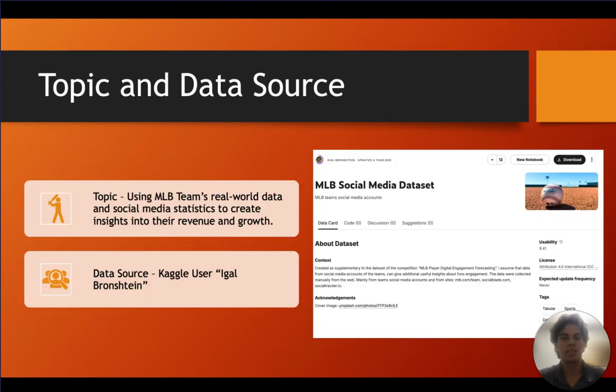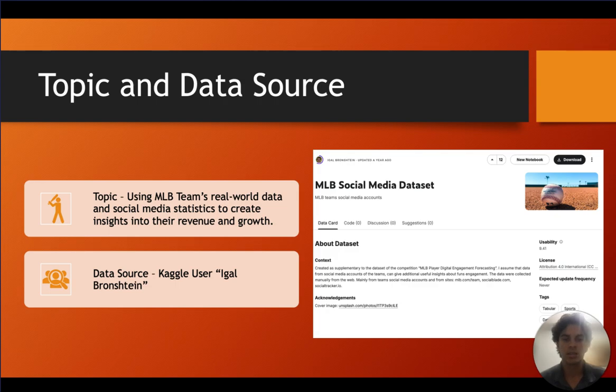And that really gets into the point of my project and my topic. It's really what I'm passionate about. My topic is using MLB teams' real-world data and social media statistics to create insights into their revenue and their growth as an organization. I was able to grab my data from Kaggle, and my data was really insightful at first.